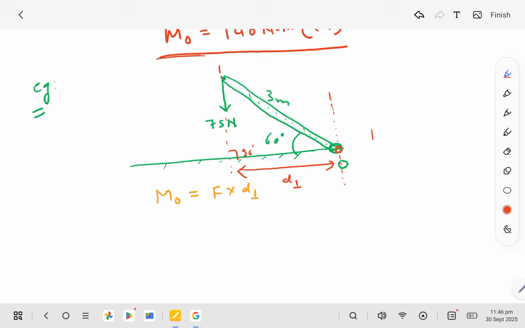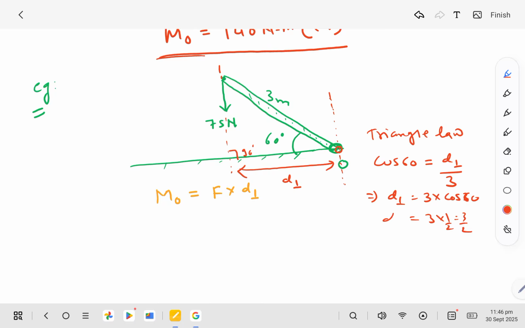We use the triangle law, and then cos 60 equal to D perpendicular by 3 meter. So D perp equal to 3 into cos 60, or 3 into 1 by 2, 3 by 2.